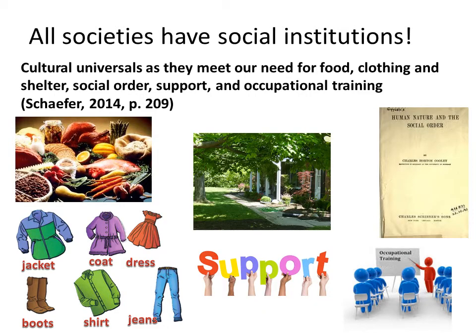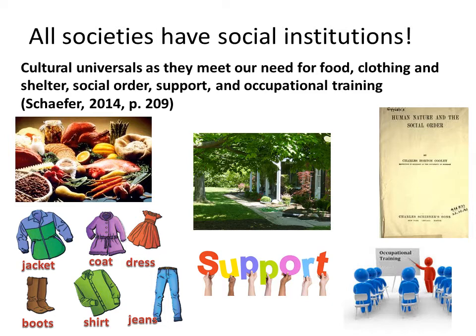Now, all societies have social institutions, and so cultural universals. This is what Schaefer calls a cultural universal: that we have general practices in every culture that meet our need for food, clothing, shelter, social order, support, and occupational training.